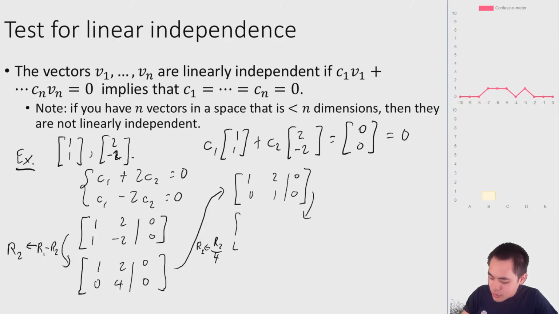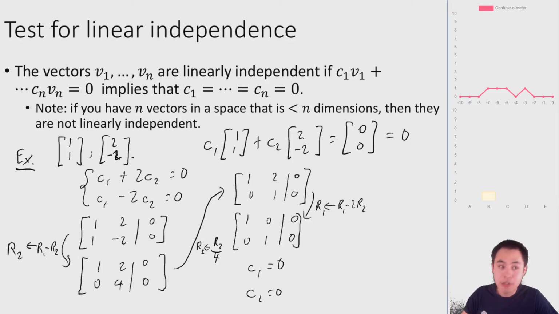And lastly, you can do the Gauss-Jordan step of Gauss-Jordan elimination. You take R1 to be R1 minus 2R2, and you're left with this, and so c1 is equal to 0 and c2 is equal to 0. Precisely because these c's are equal to 0 when this linear combination is equal to 0, you know that they are independent.